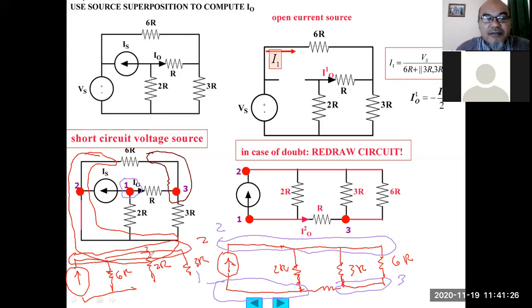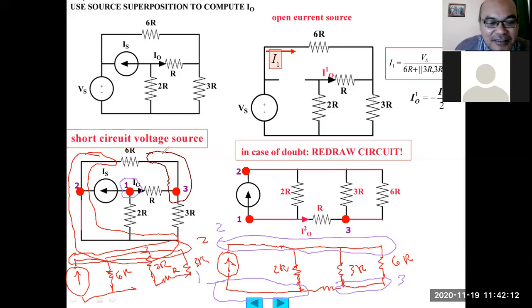Now the tricky part is the bottom part. This resistor R is connecting between 2R and 3R, so this R should be here, right? But then this 6R is connecting to the 3R. The other part of 3R is 6R. Oh, I'm getting confused myself.